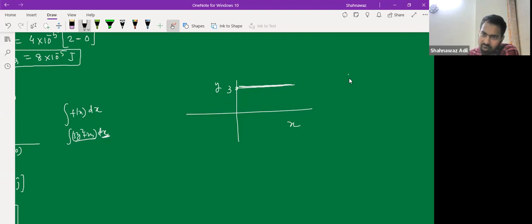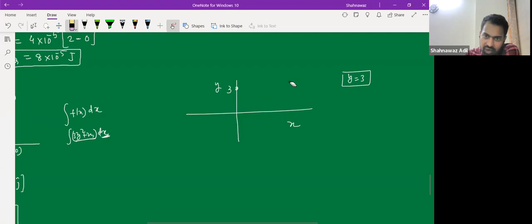So this is y equals 3 graph, right? Because it is constant. So it is a constant graph. Y is not changing with respect to x.